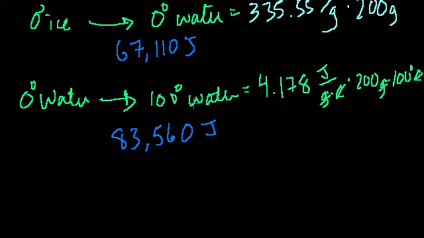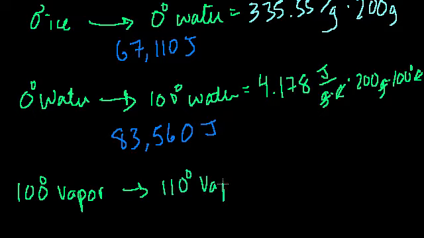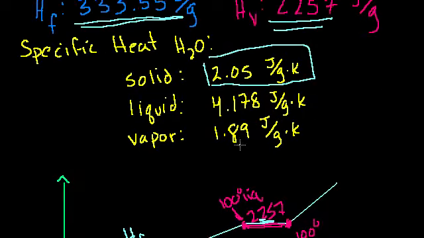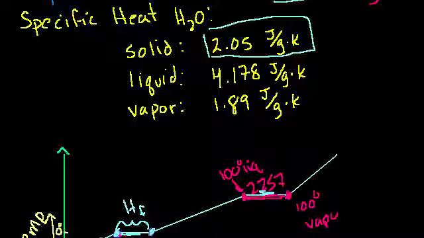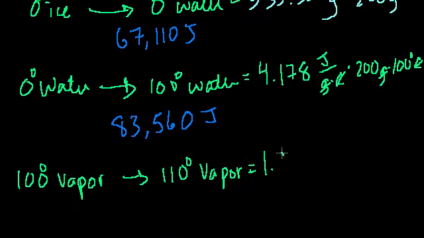Joules. Now we're dealing with 100 degree water vapor. And we have to turn that 100 degree vapor to 110 degree vapor. So we use the specific heat of vapor, 1.89 joules per gram Kelvin, multiplied by the amount of vapor we're dealing with, 200 grams. That obviously doesn't change.